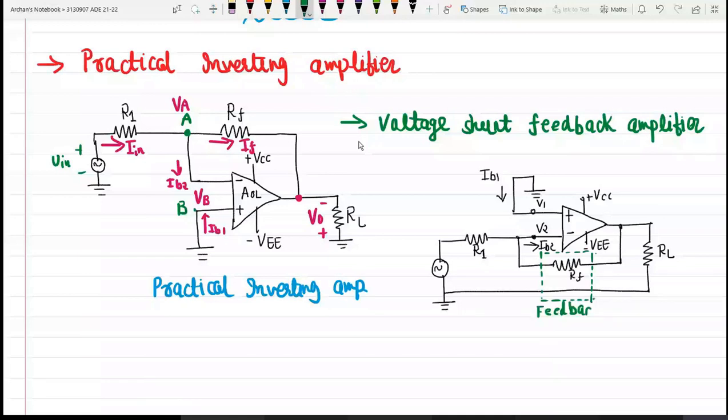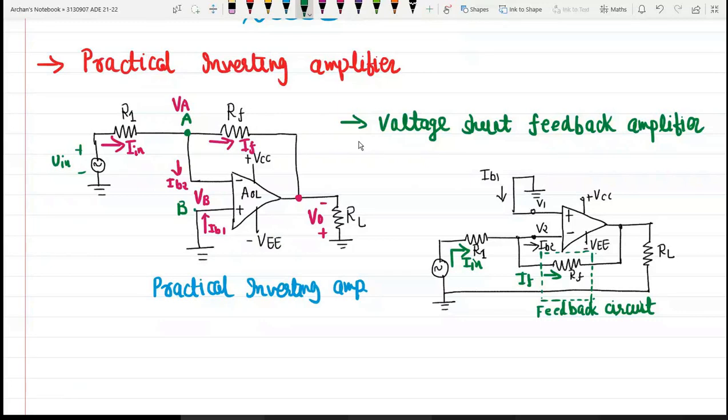And this is my input current IN. So we have done nothing, I have just redrawn this typical network. With this feedback circuit, you can say we are shunting the voltage, and this is the reason why this configuration is also known as voltage shunt feedback amplifier.